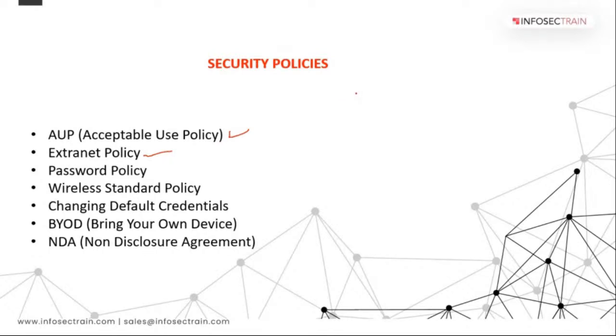So if anyone from outside is visiting your organization, let's say there are visitors or vendors or some dealers visiting your organization, for them to connect to your network, you have extranet policies, that is, for third party entities who desire to access the organization's network, what requirements will be there for them, right?